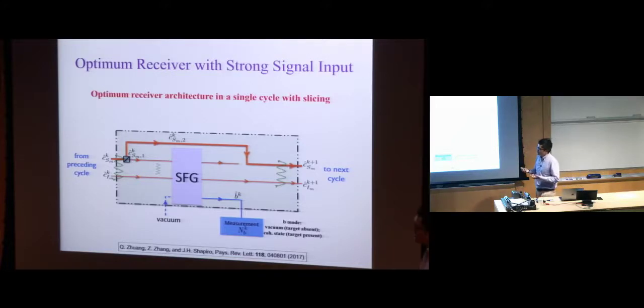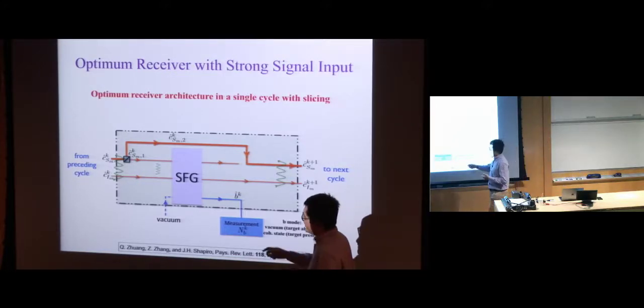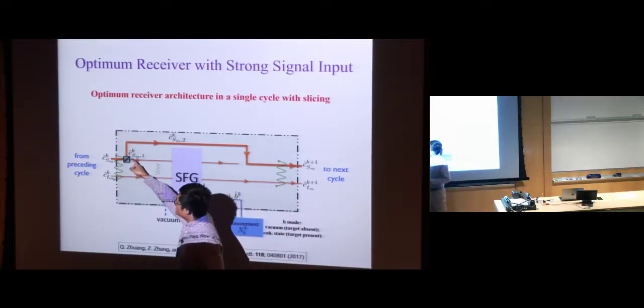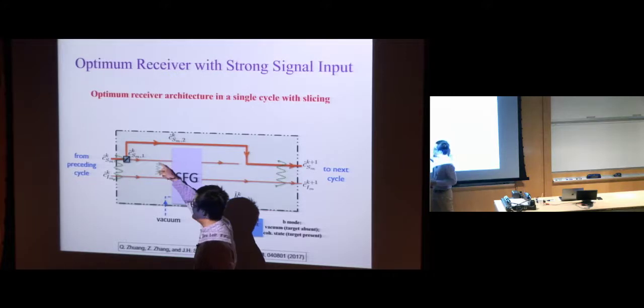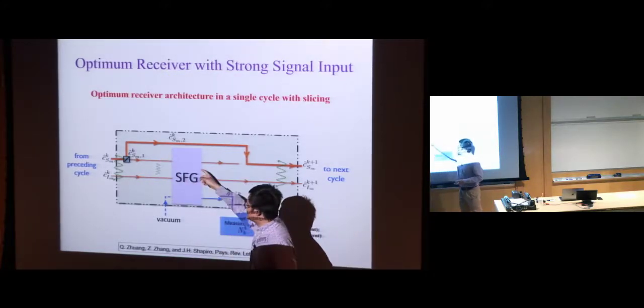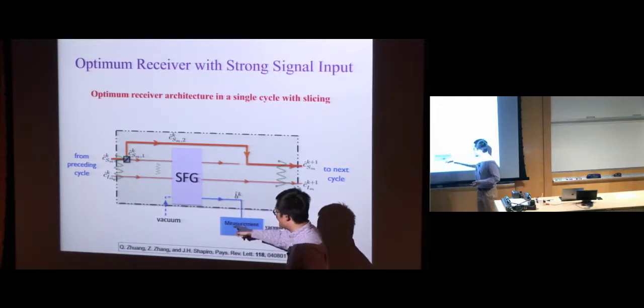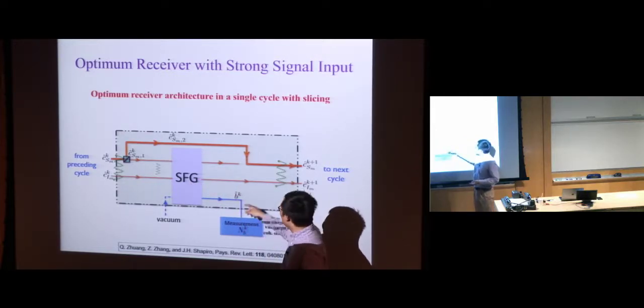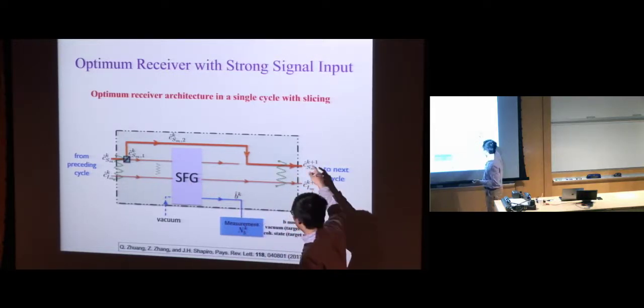But the next thing we do is, this doesn't work, but you can imagine we use a tap to split a small portion from your return signal and combine it with your reference and go through this sum frequency generation. Now you have some photons stored here, and the rest of the photons go to the next cycle.